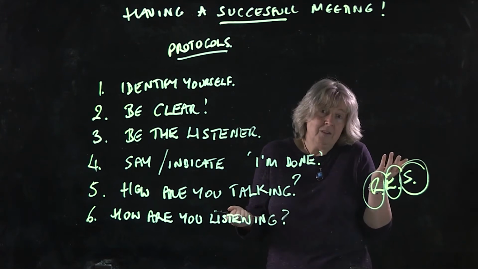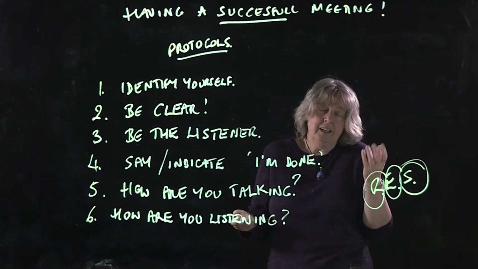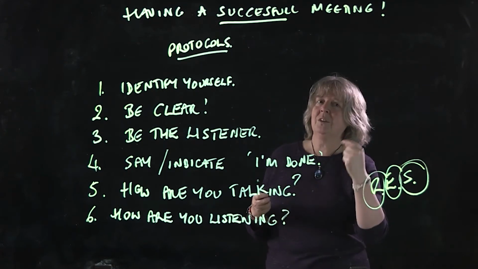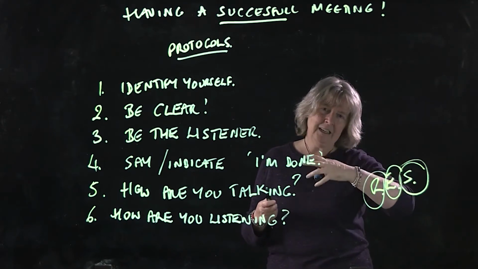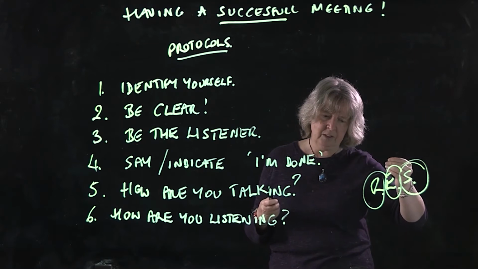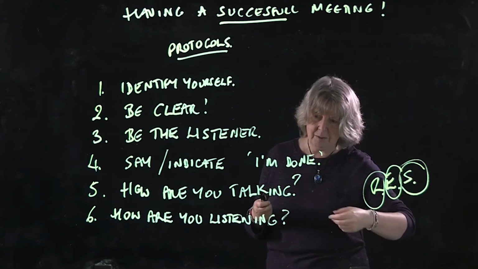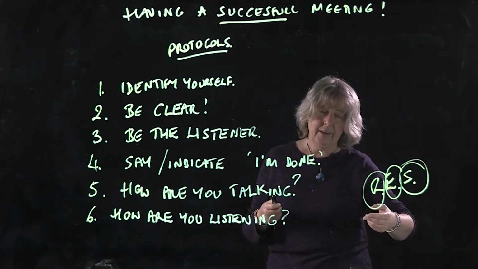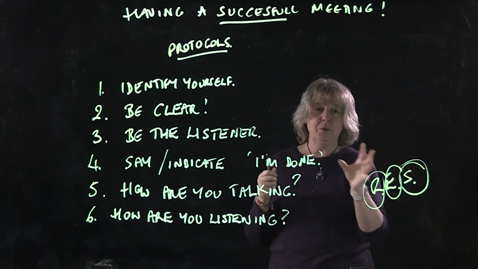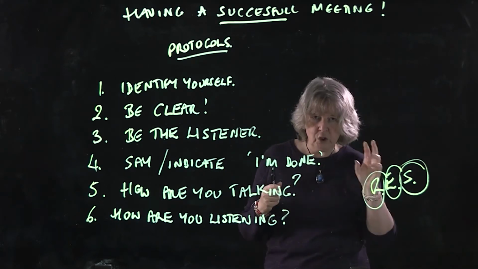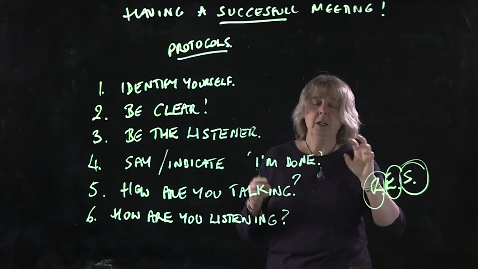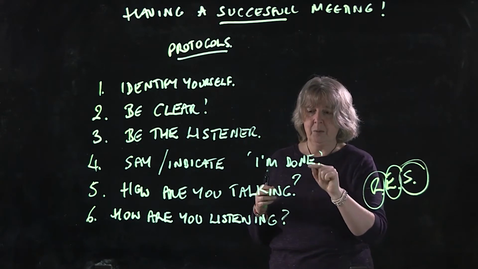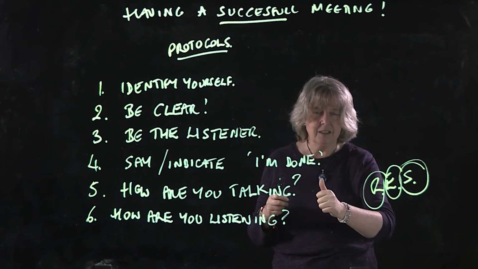Now, of course, it might be a reflection on what they were saying, but again, we have to find how to see something as interesting even when we're having trouble. We have to find out how to make something relevant even when we can't see its relevance. It might mean asking more questions so that you can form a relationship and a bridge between what they're talking about and what you care about. It's your job to show up in a way that helps the other person show up even better.